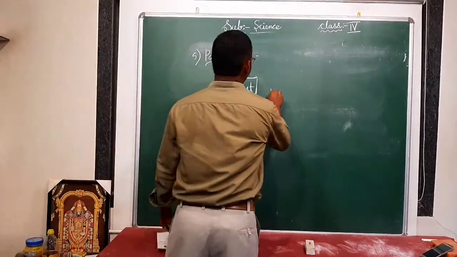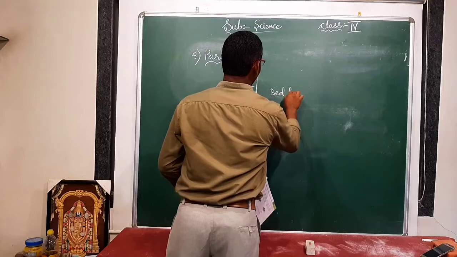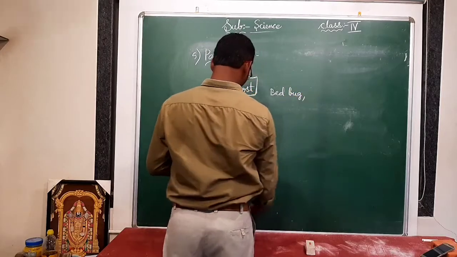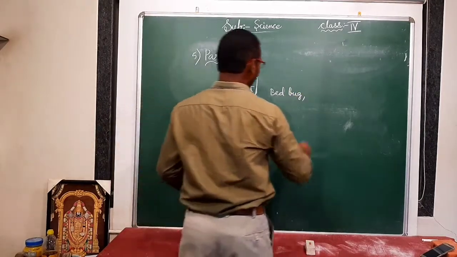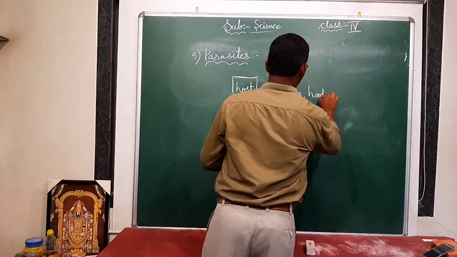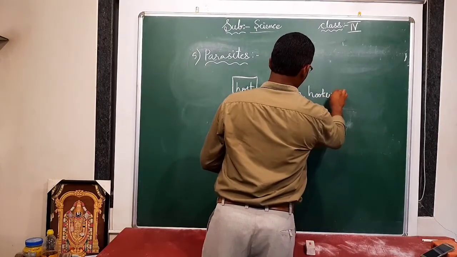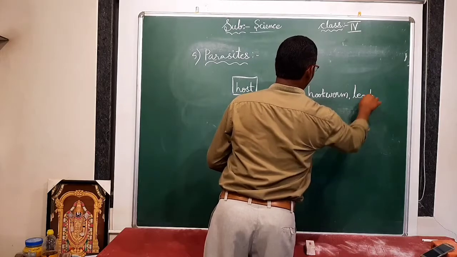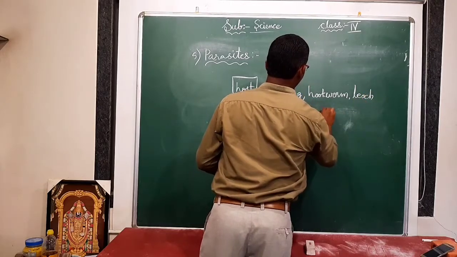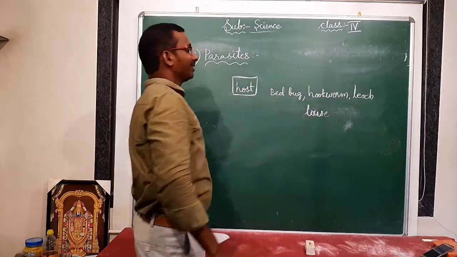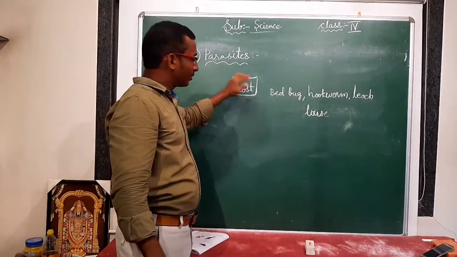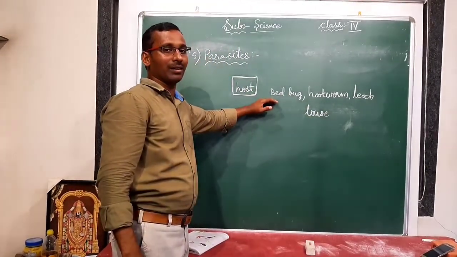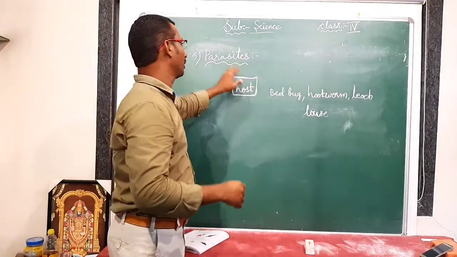See examples: bed bug, hookworm, leech, louse. These are the examples for parasites. These animals live on other animals. What are parasites?